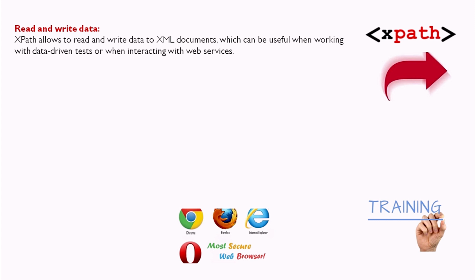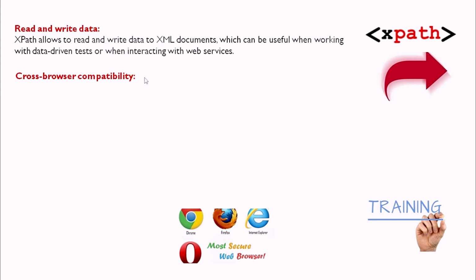But most companies prefer to manage all the XPath in XML documents, and in those XML documents we can write and read the data easily. That is basically used when we are developing a data-driven framework and data-driven tests. So in such conditions we can use XPath, and this is the best option for us to write the locators.